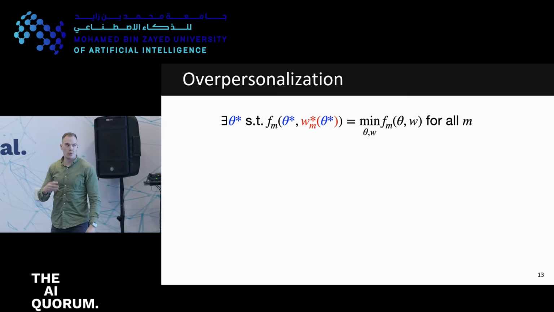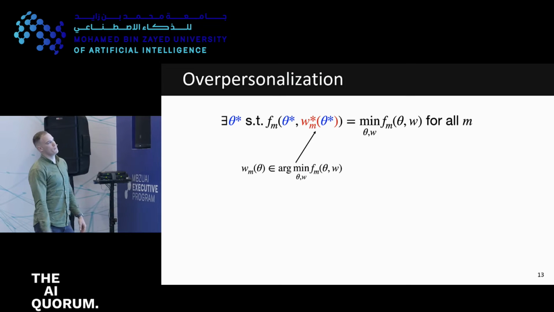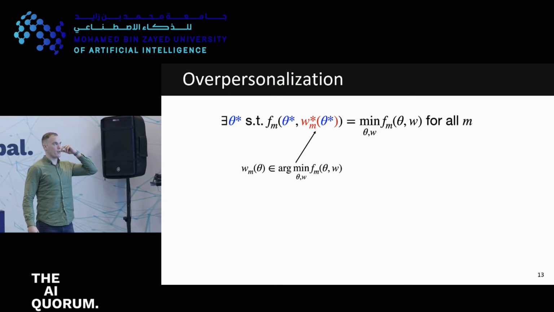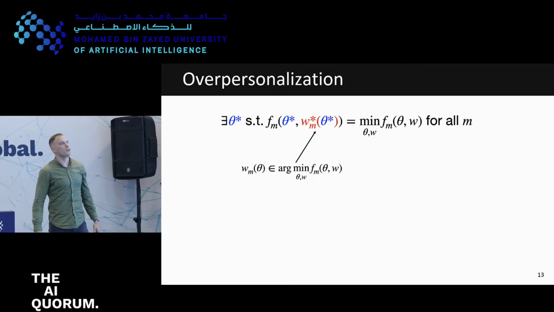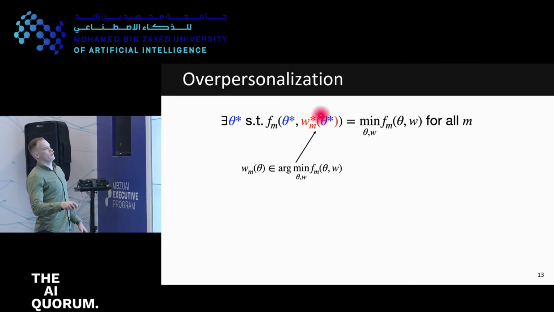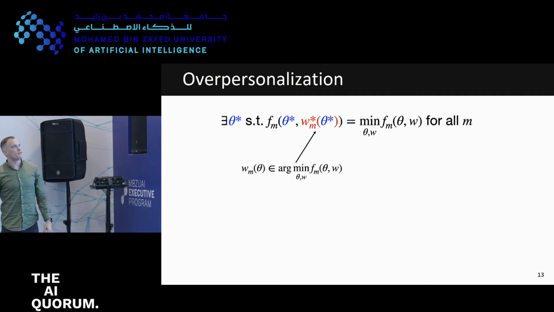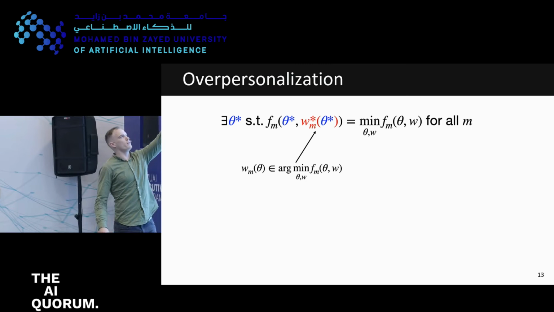So how to go around that is what we call over-personalization. Here we assume that we have a split that is good enough, such that what we can achieve is a global model.